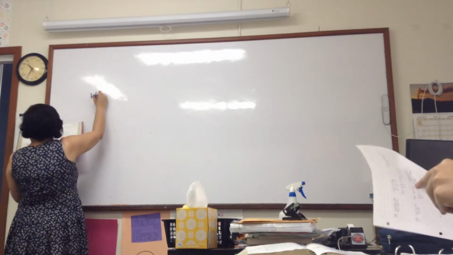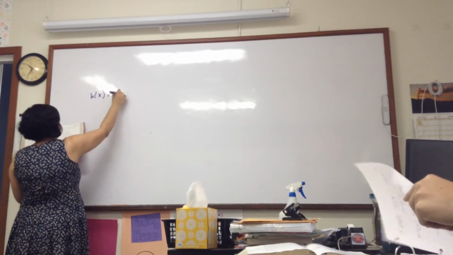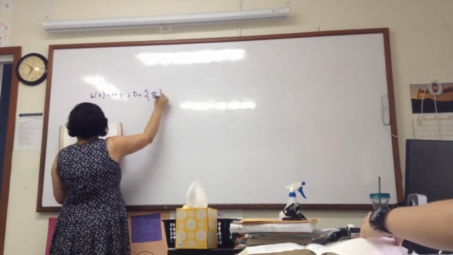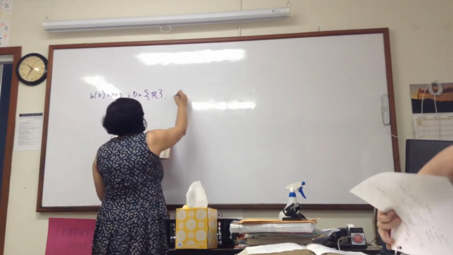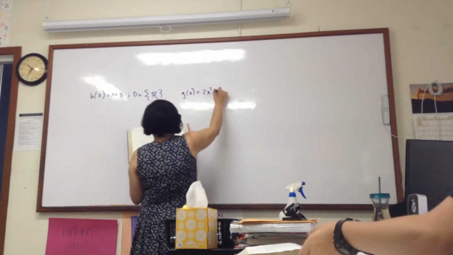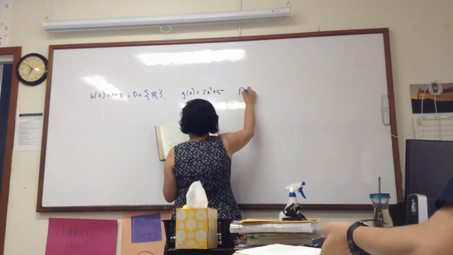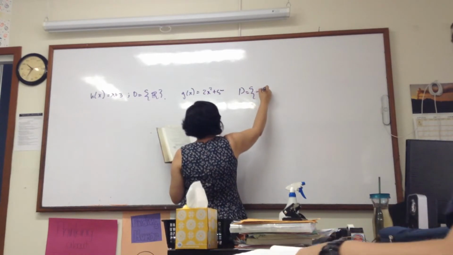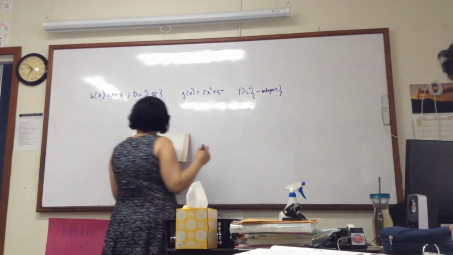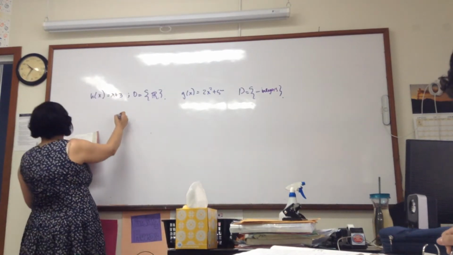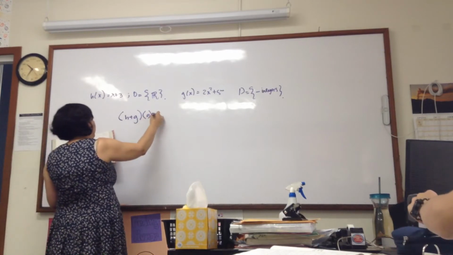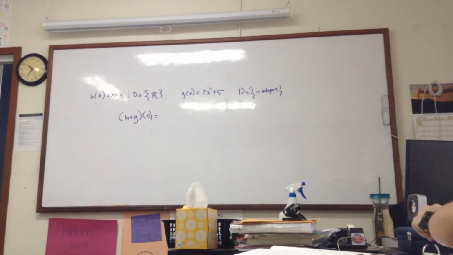If h of x equals x plus 3, and the domain is reals, and g of x equals 2x squared plus 5, and the domain is negative integers, what happens here? And they asked us to find h plus g. Now for the sake of time, I'm going to do it all in one single blow.